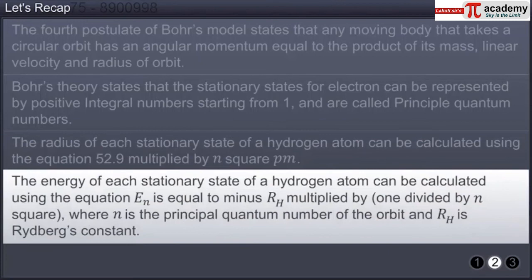The energy of each stationary state of a hydrogen atom can be calculated using the equation En is equal to minus RH multiplied by 1 divided by n square, where n is the principal quantum number of the orbit and RH is Rydberg's constant.